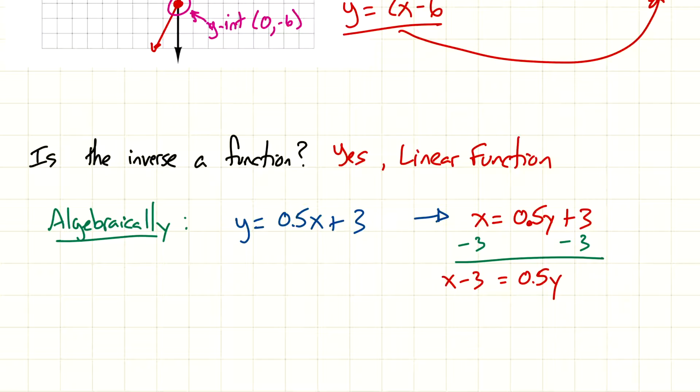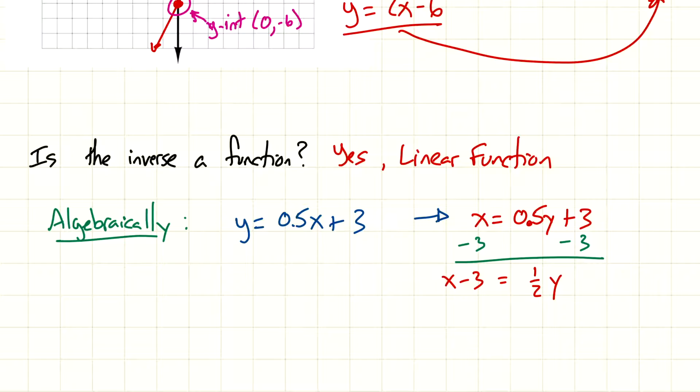Then we want to get rid of that 0.5. At this point, it might be easier to see 0.5 as 1/2. If I actually want to get rid of the 1/2, I would multiply both sides by 2.